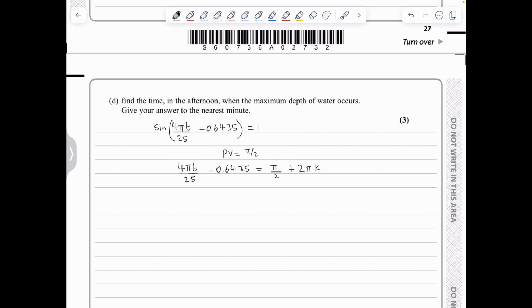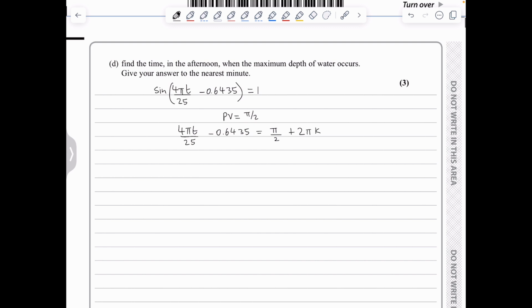I will be trying to isolate t. So the first step is to write 4 pi t over 25 is pi over 2 plus 0.6435 plus 2 pi k, and then t is 25 over 4 pi brackets pi over 2 plus 0.6435 plus 2 pi k.